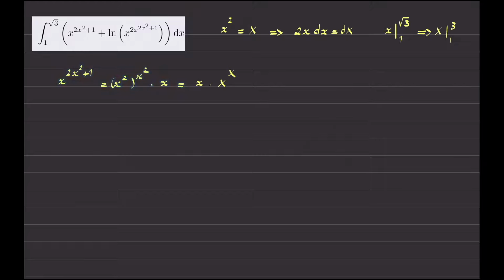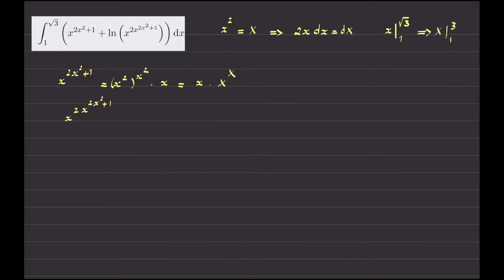Okay, the second part, the argument within the ln, can also be written similarly. So I will try to write this in terms of capital X as much as I can. So let me start there. So I have x to the power of 2, x to the power of 2x squared plus 1. Yes, so if you see here, this part of the problem is exactly this expression that appears here, and I can write it in this form.